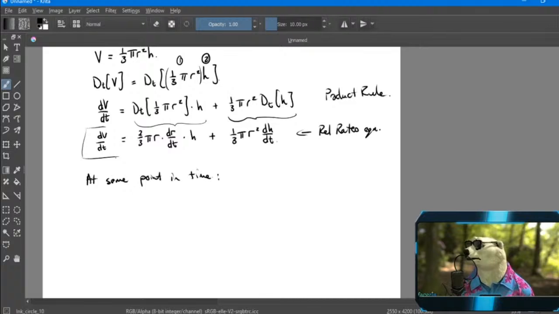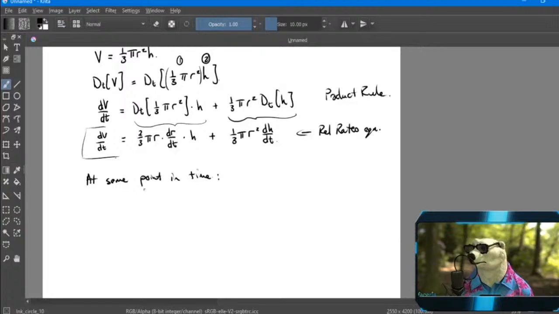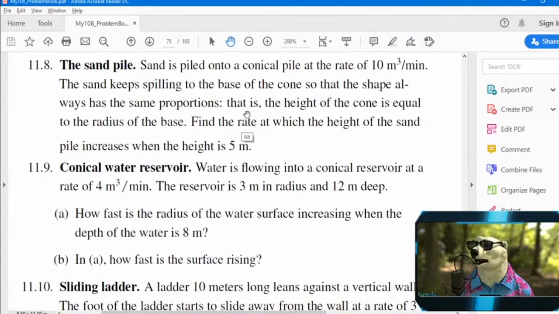So let's go back to the question and see what do we have. The volume is changing at a rate of 10 cubic meters per minute, so that's an increase. So the rate of change of the volume is 10. That's always the same.